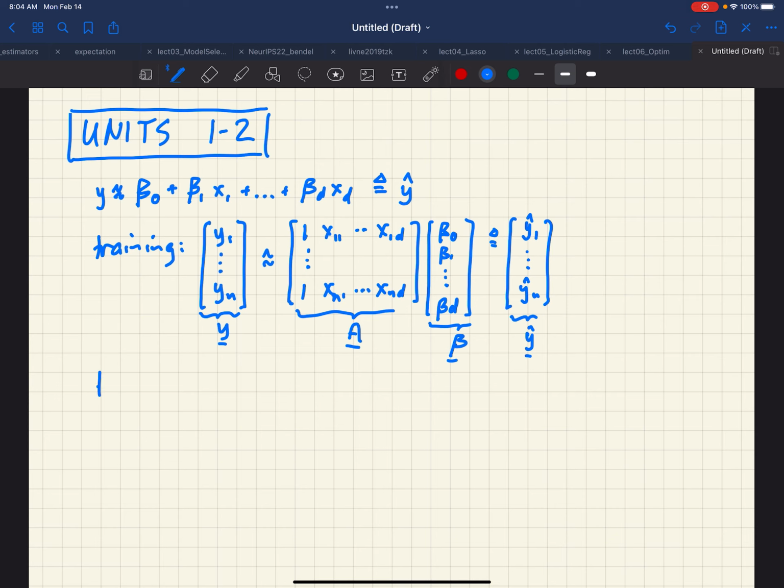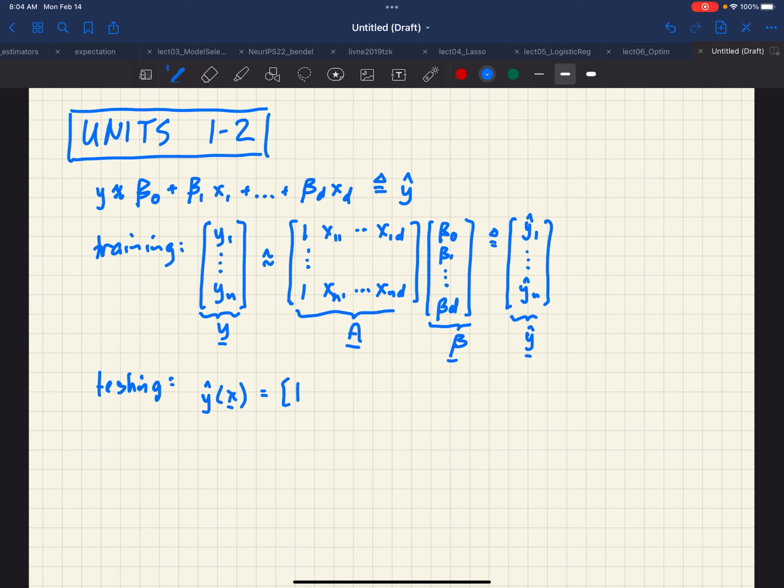And then we have the testing model. We can say that y hat, as a function of just, actually, it's going to be a vector x.